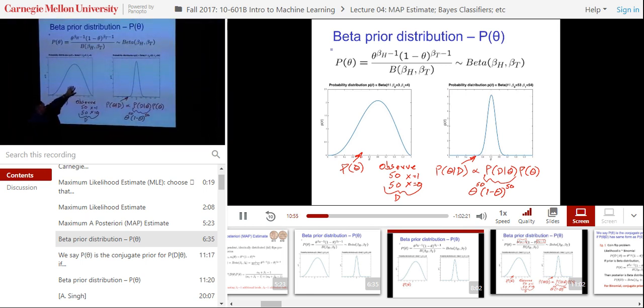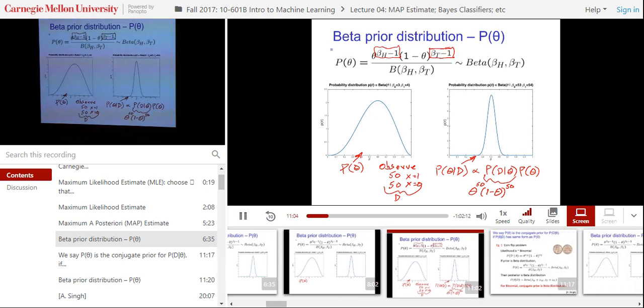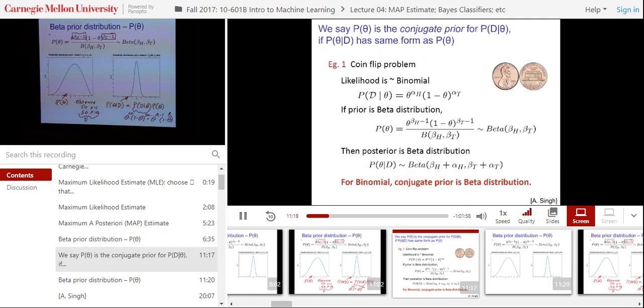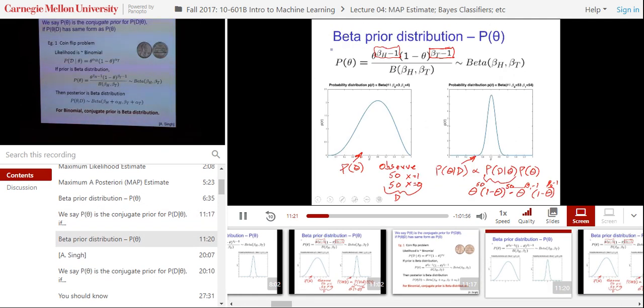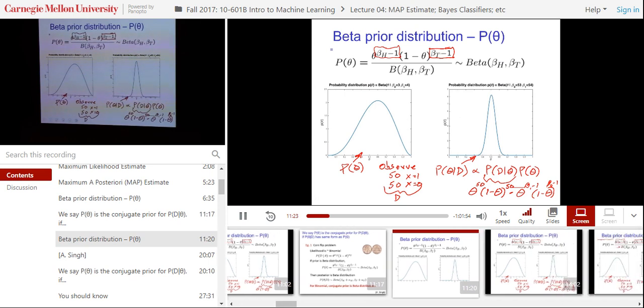And when I multiply these two things together, what you see happened is that these quantities got multiplied, so that all I have to do is represent this just by summing the exponents.